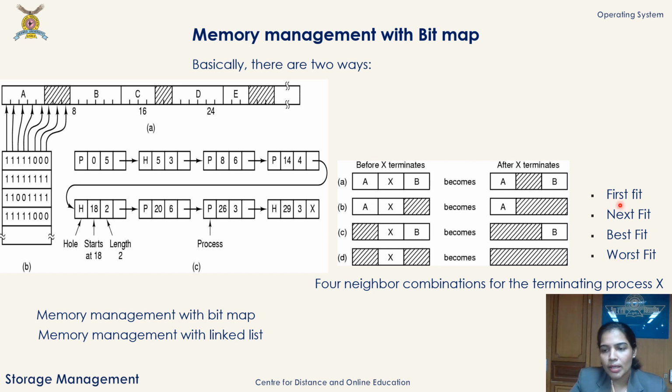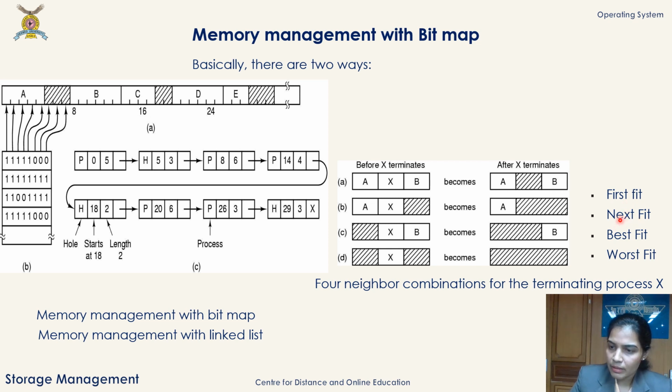According to the first fit technique, for the new incoming process, we'll allocate a partition which is enough for the execution. So we will not scan the whole list of partitions. The partition which is first available and enough to execute the process will be allocated.